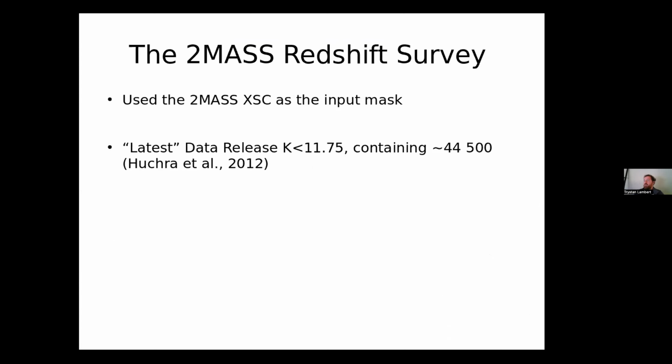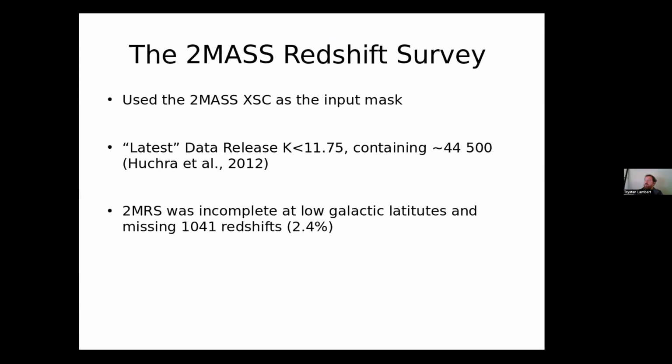Before we took over this project, the latest data release had a magnitude limit of 11.75. It contained 44,500 galaxies. And this was the late, great John Huchra's final paper, posthumously published in 2012. But that was incomplete.